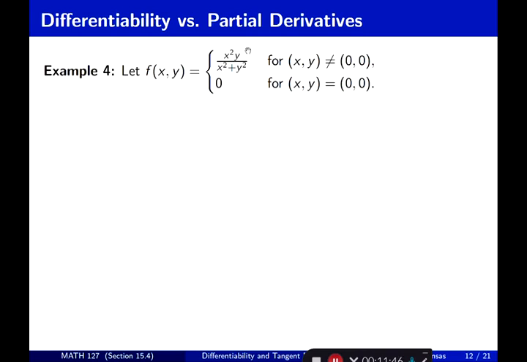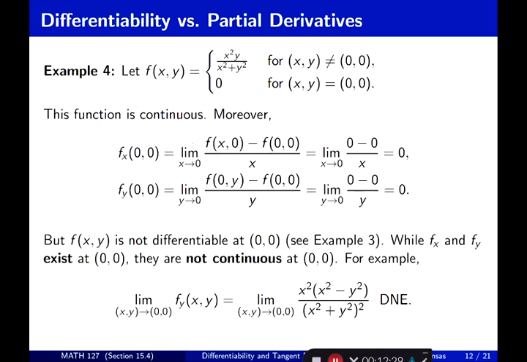So how do we find the partials for this function? If you're finding partials at points other than 0, 0, you just take the derivative with respect to x and with respect to y. If you're finding partials at 0, that's a little different story. You have to write the definition of the derivative by plugging in x equal to 0 and writing the definition of derivative as if the input variable is y, or by plugging in y equal to 0 and finding the definition of the derivative as x.